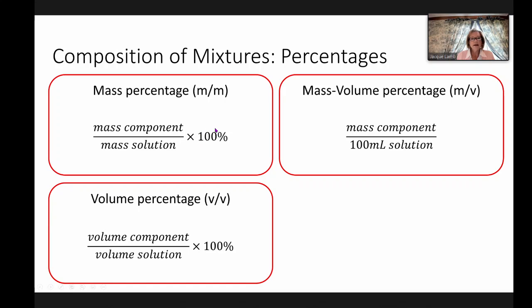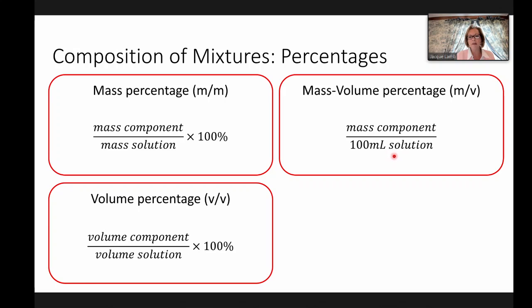So you can get mass percentages. Sometimes a concentration is listed as mass percent. So it's the mass of your component divided by the mass of the solution times 100. That would be labeled as M/M. You can also have a mass volume percentage where you have the mass of your component, usually per 100 milliliters of solution.